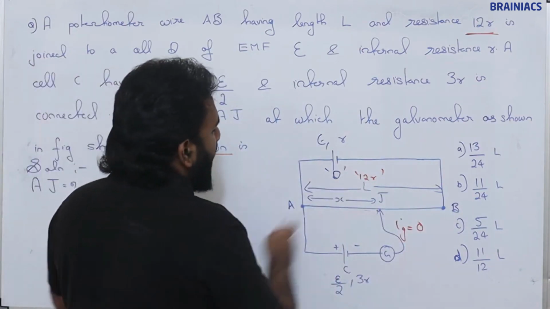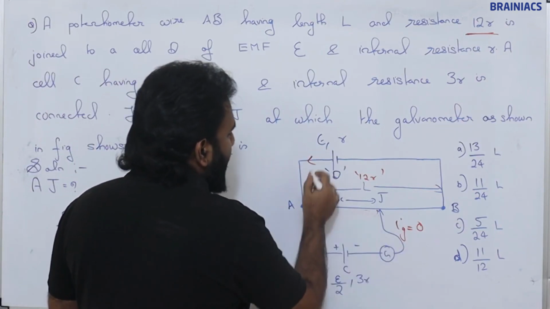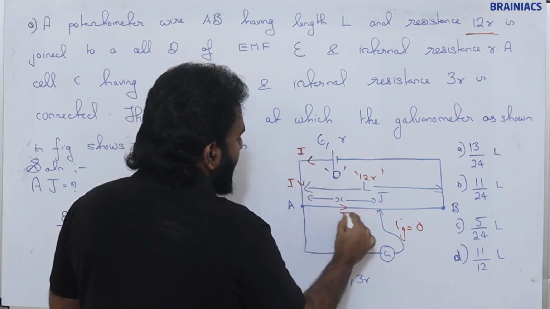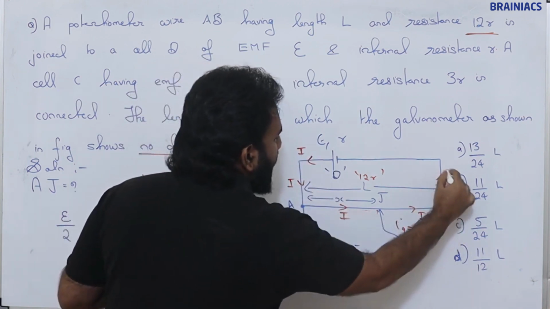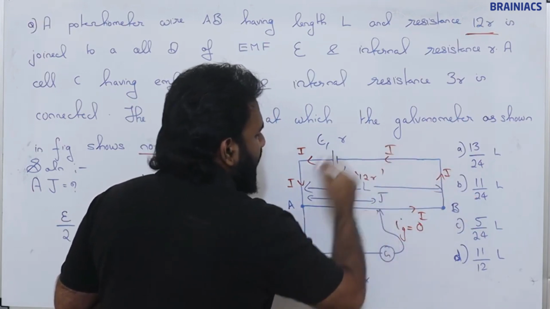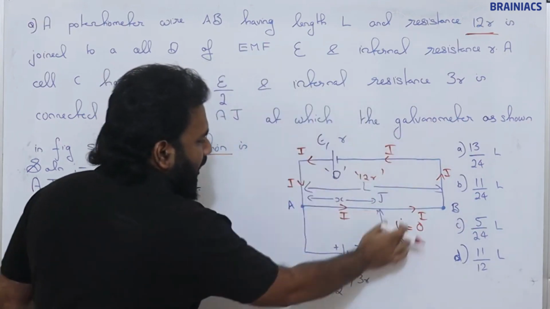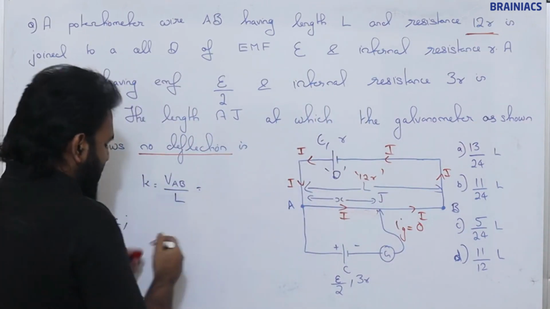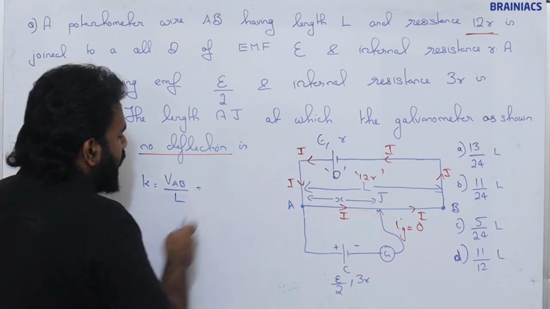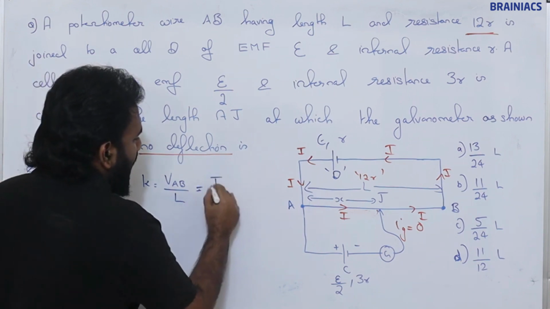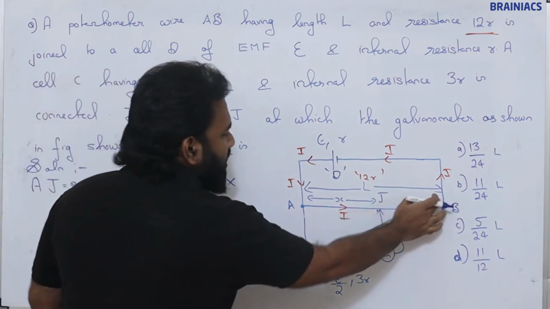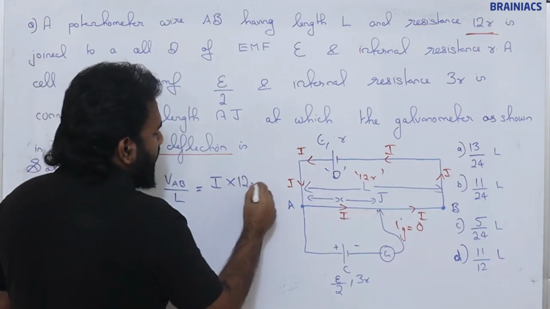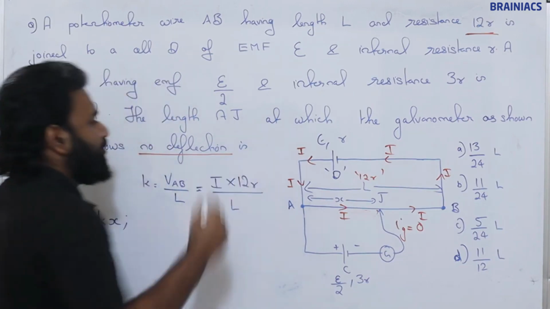VAB is I into R. Here no current flows in this side, nothing will enter here. So VAB is nothing but I into R, where R is the resistance of this potentiometer wire AB, which is 12R divided by L.